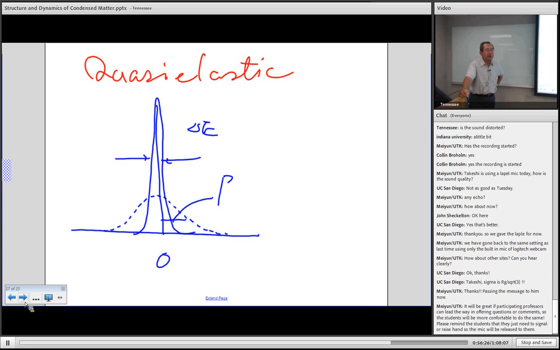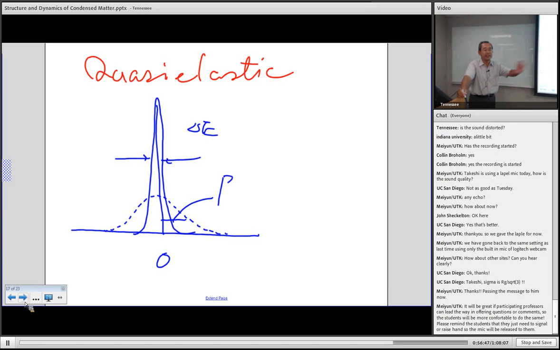And it happens all the time in small-scale systems, or some kind of gels or liquid, something which is not quite a solid. Okay. For instance, liquid has no elastic scattering.